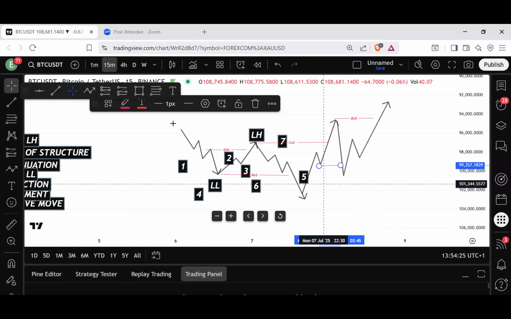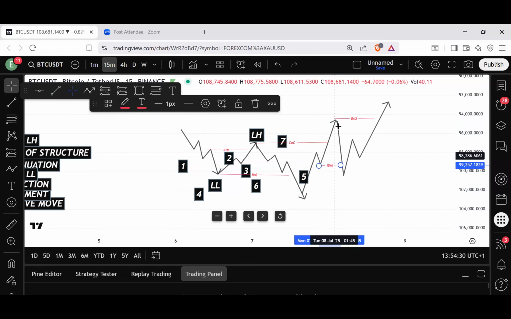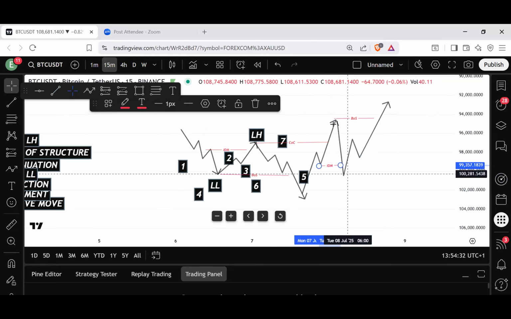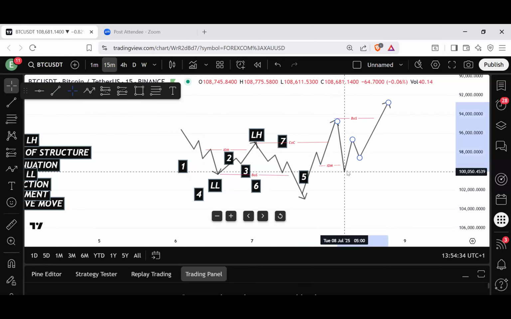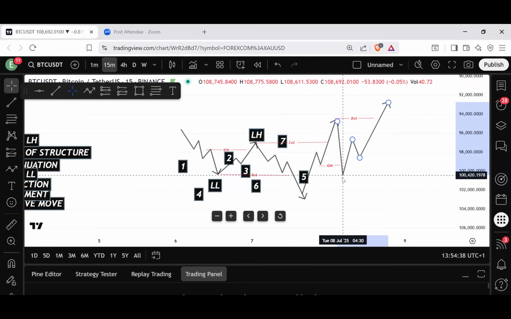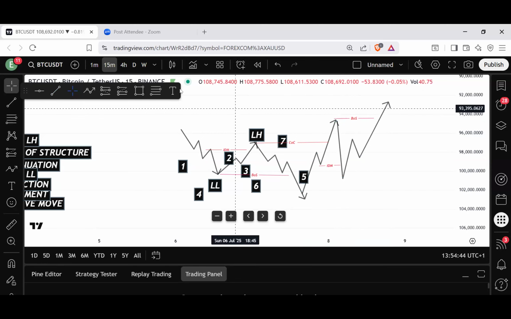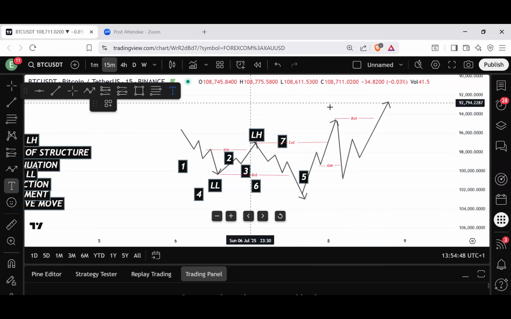Then this correction, sorry, I mean break of structure... correction, so that's 3. Then we will look for a higher high, which is 4.